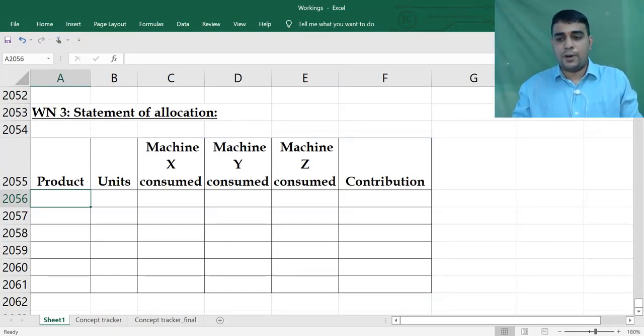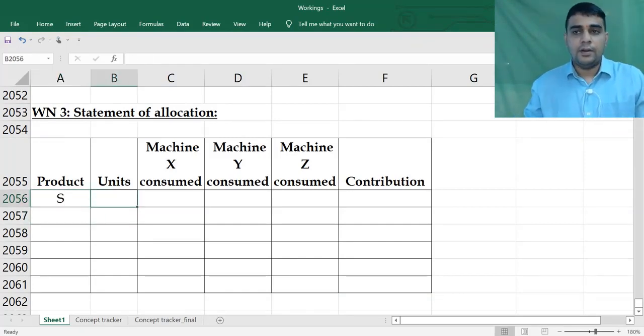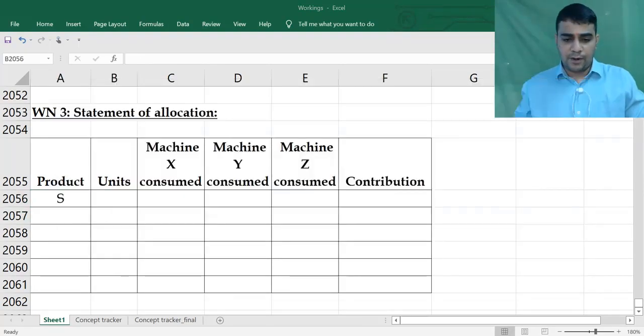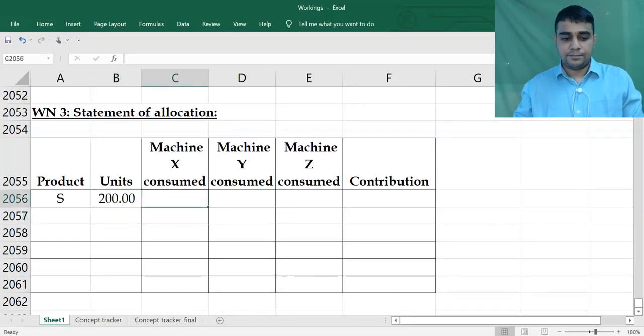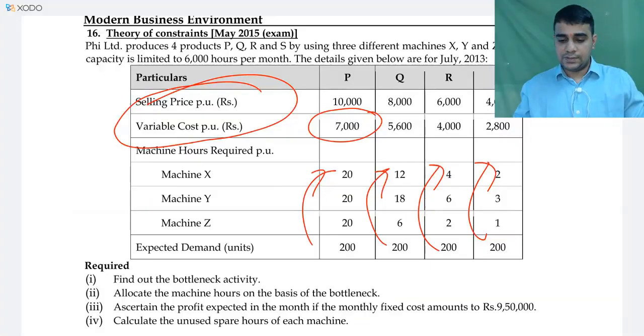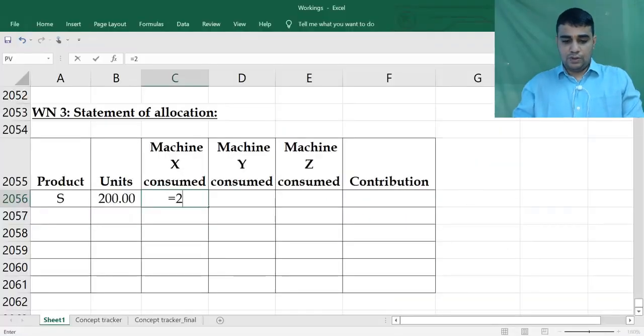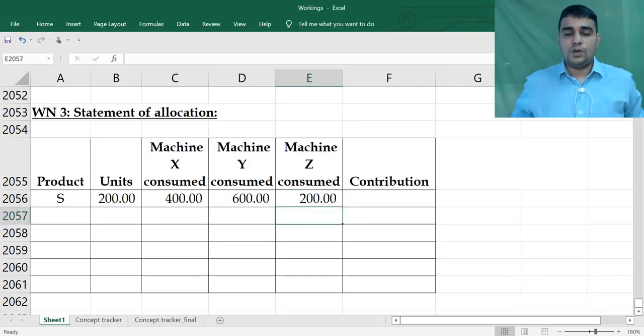Which is the rank 1 product? Product S. What's the demand for product S? 200 units. 200 into 2, 200 into 3, 200 into 1.